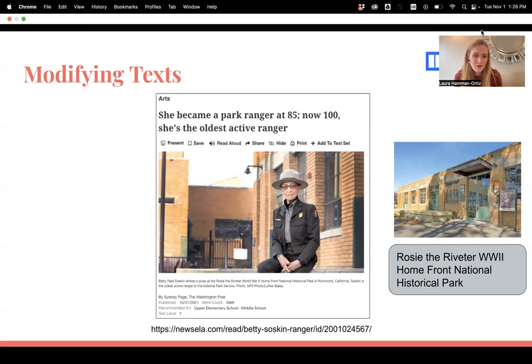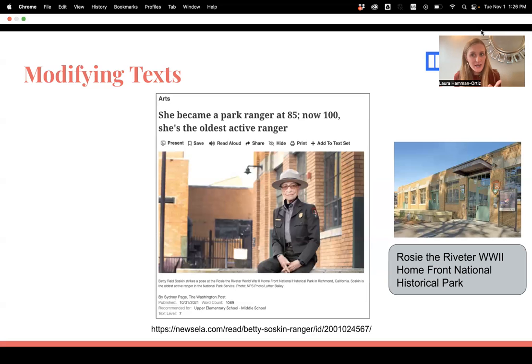This is an article that was published in 2021, focused on Betty Soskin, who is the oldest active park ranger. She is now 100, and she became a park ranger when she was 85. And this story talks about her work at the Rosie the Riveter World War II Homefront National Historical Park, which is a museum that's dedicated to women's involvement in World War II.